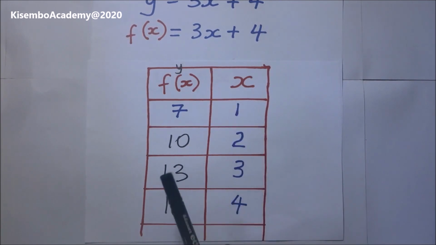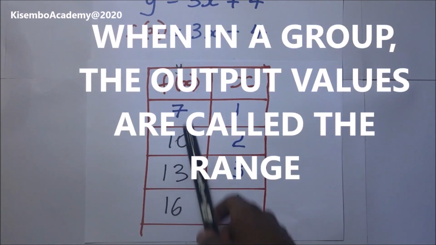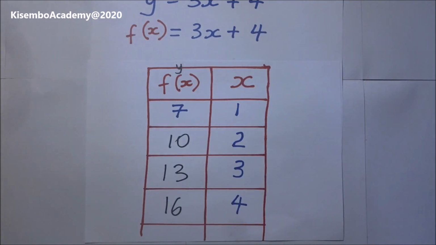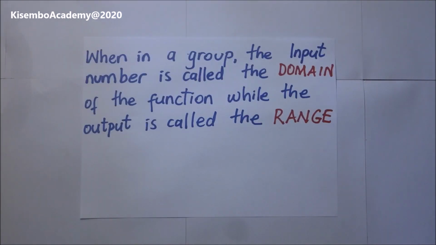And when these output values are grouped like we are seeing here, we call them the range. When in a group, the input numbers are called the domain of the function, while the outputs are called the range. Of course, unless stated otherwise, the domain is simply all real numbers for which the equation produces outputs.